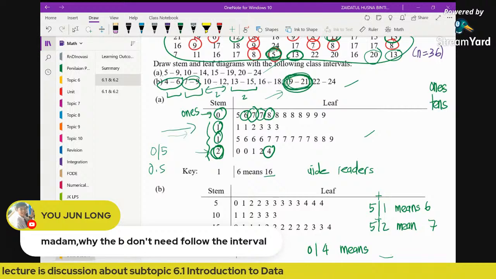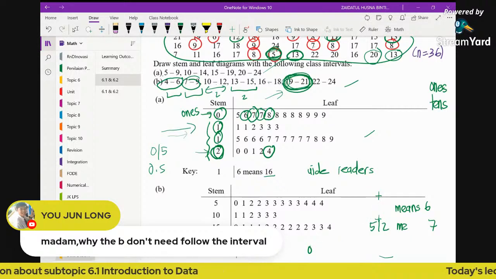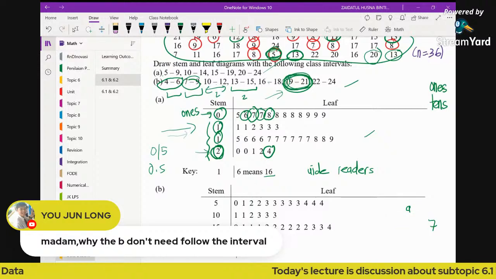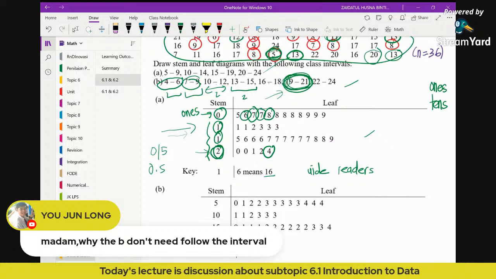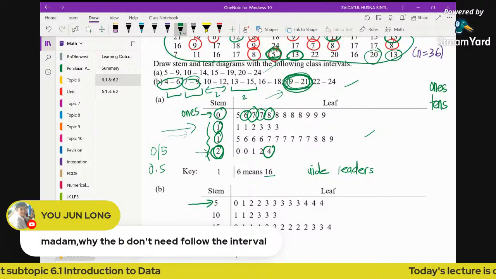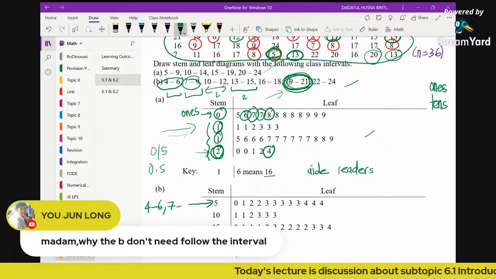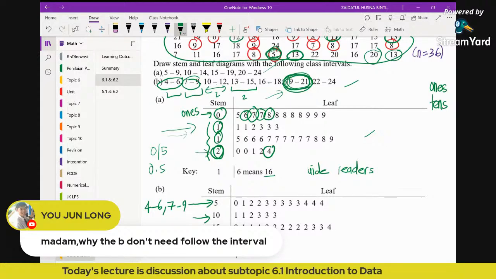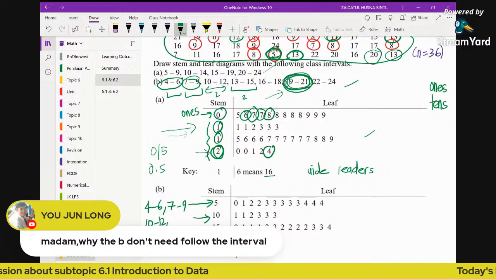If you have a look at this data, this is the representation of the data for the readings between 4 to 6 and 7 to 9. While this is the data representing the interval 10 to 12 and 13 to 15.